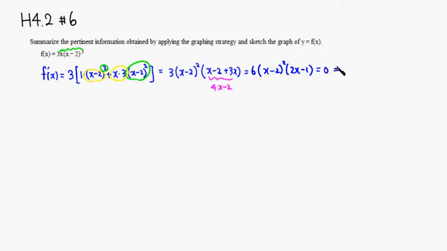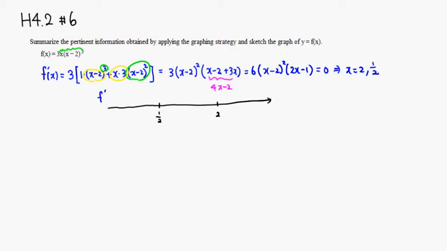We can see that x equals 2 from here, and x equals 1/2. Then we want to see if it's a local max or local min, so we're going to do a number line. 1/2 is right here and 2 is there, and we are interested in the first derivative, f prime.